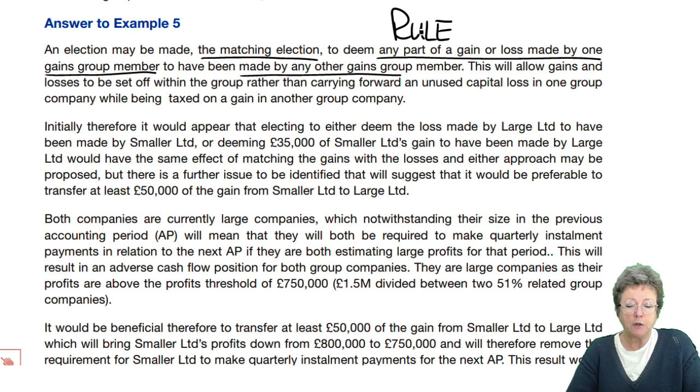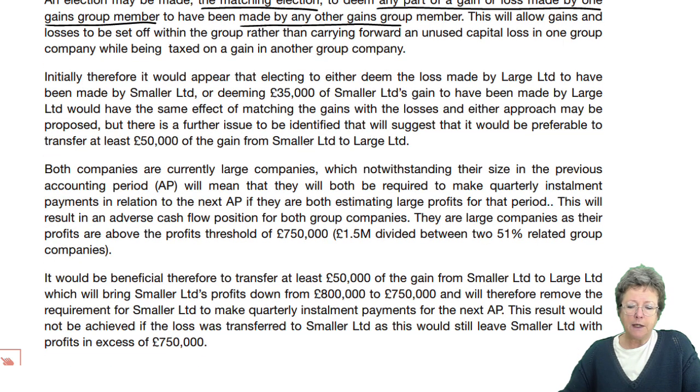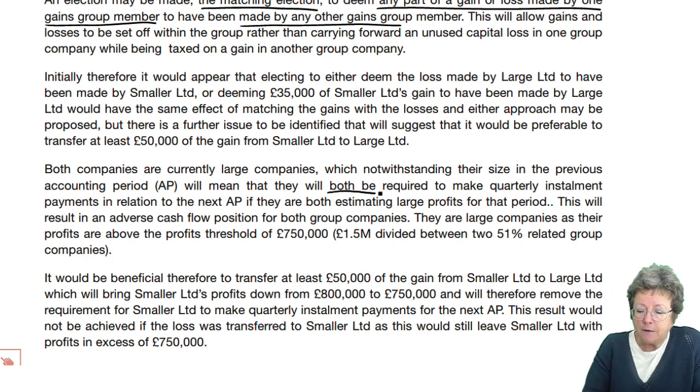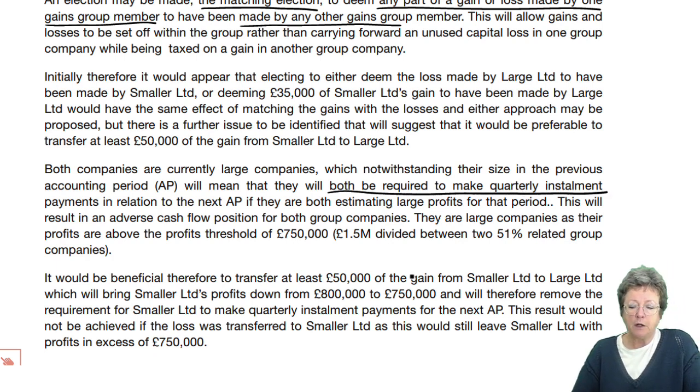Either approach may be proposed, but there is a further issue to be identified that would suggest it's preferable for at least 50,000 of the gain from Smaller Limited to go to Large Limited. Both companies are large, which, notwithstanding their size in the previous accounting period, will mean that they both pay quarterly instalment payments because they are large.